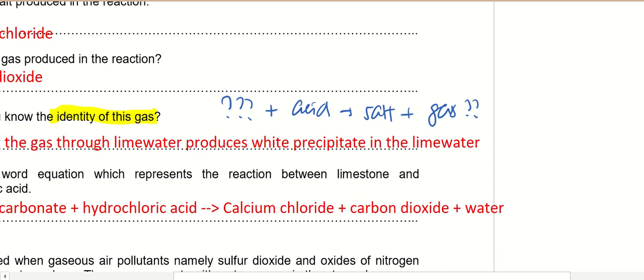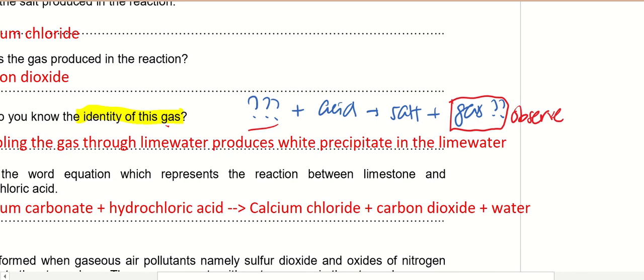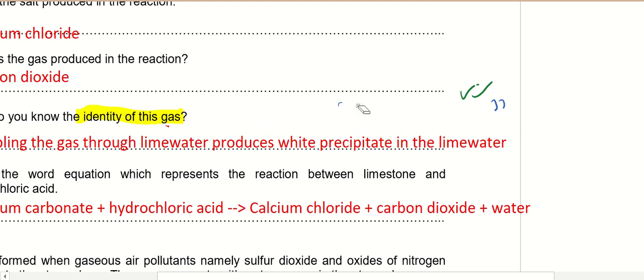So all we know is that we are likely to get a salt, and we can observe the formation of effervescence. So how do we know the identity of the unknown thing? Well, the only way is to do a test. If you can figure out what this gas is, then you can tell what the unknown substance that you put into the acid is. All right, so I'm going to erase this.